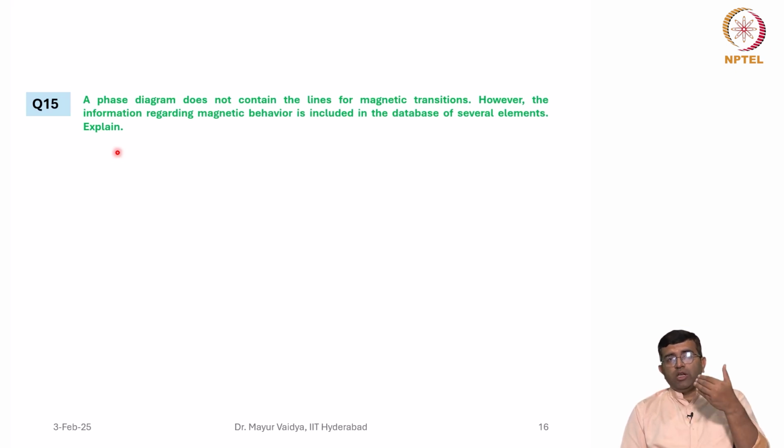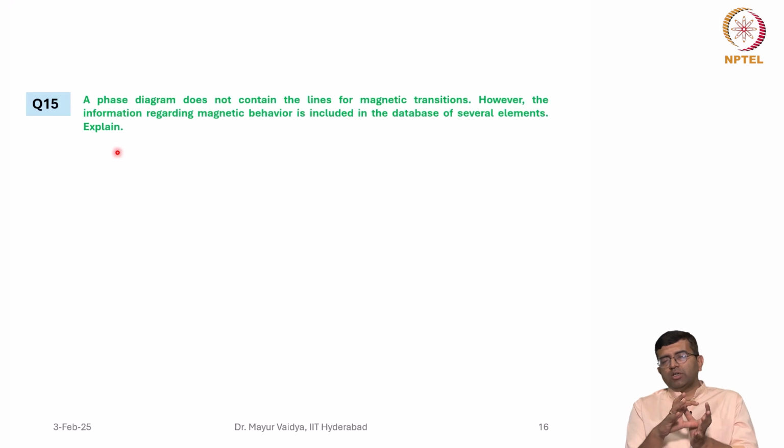But we know from the considerations of entropy and free energy that free energy has magnetic contributions to it. So, is there any contradiction here? The answer is actually there is no contradiction. The concept of the phase diagram involves predicting the equilibrium as a function of temperature and composition, and the very definition of a phase is that it is physically homogeneous, chemically homogeneous and mechanically separable.